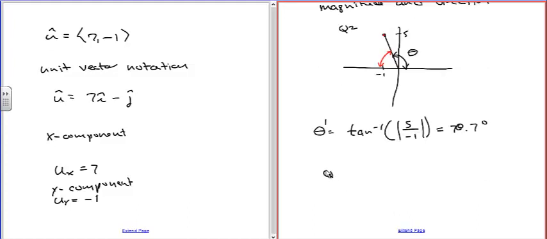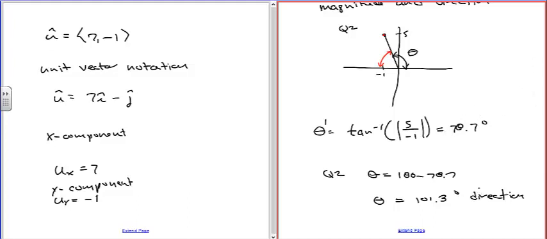And in the second quadrant, theta is equal to pi minus the reference angle, but in this case we want to use 180. So 180 minus 78.7. That's the second quadrant solution, and we know that because we plotted the point. So theta, which is the direction, is that. This is the direction.